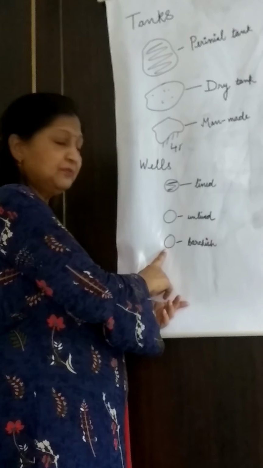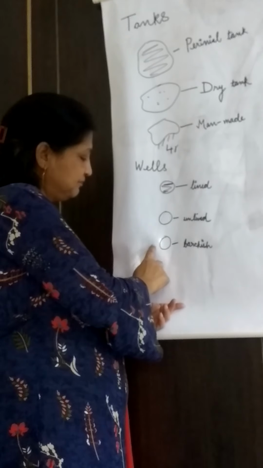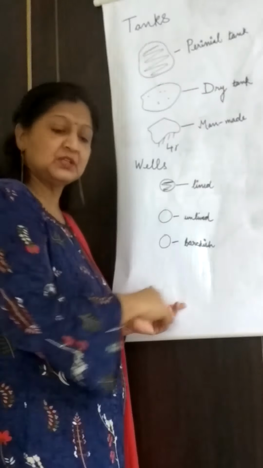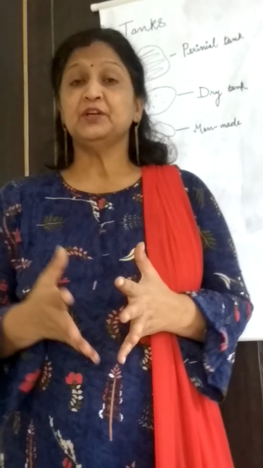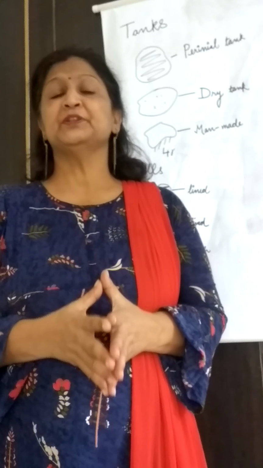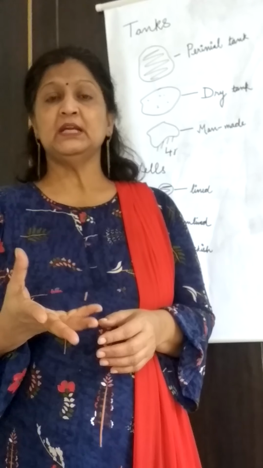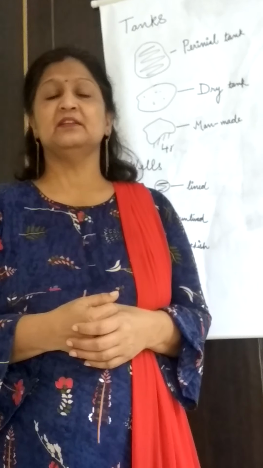The third type of well is known as a Barkish well. At the bottom of the well, it is marked Barkish. Wherever the topo sheet writes Barkish on a well, it means the water of the well is not good for human consumption. Maybe because it is very salty. Sometimes when we dig a well, the salt content is high in the water.